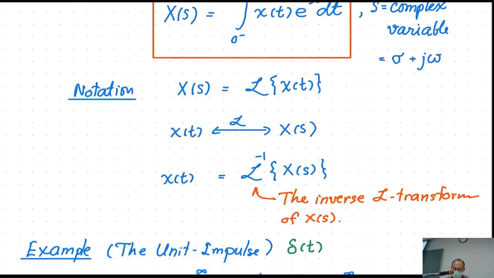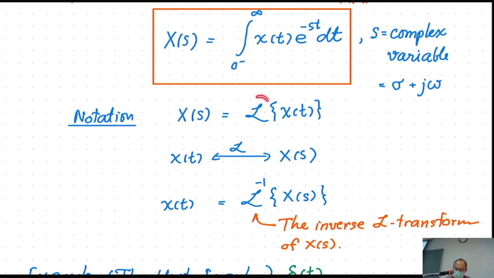We are using this notation, the capital L here, to mean the Laplace transform operator. We put x(t) inside the L, which means we are doing the Laplace transform on x(t) to get X(s). We are also using this notation to mean that these two are a Laplace transform pair.